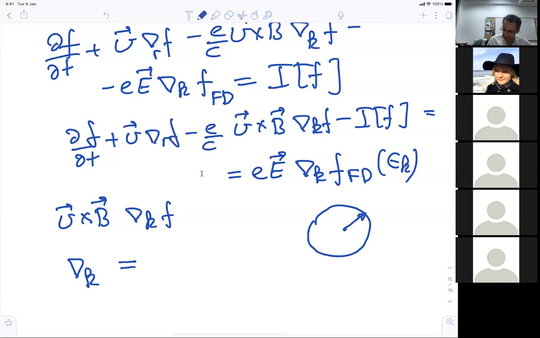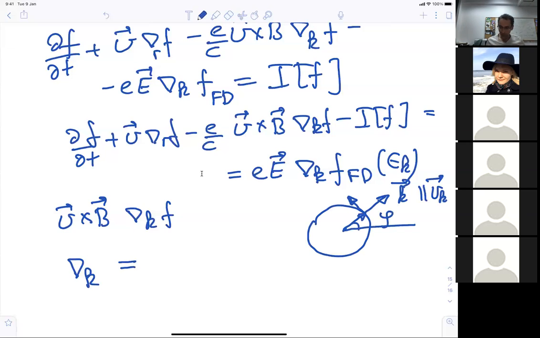That's the K vector. That's an angle phi. So there is a component in the direction of phi, and there is a component in the direction of K, which is parallel to the direction of V of K.